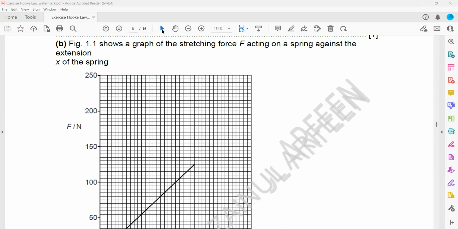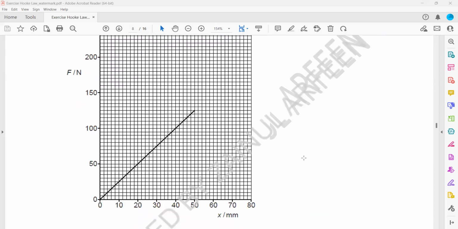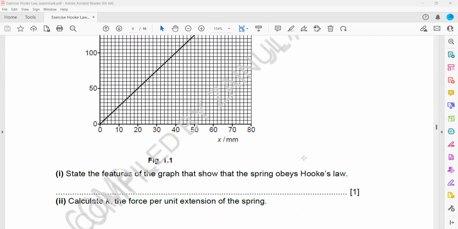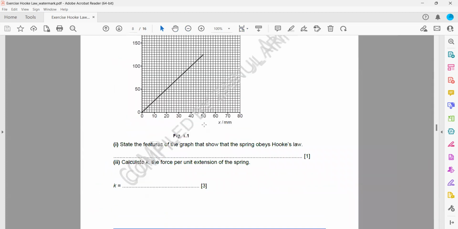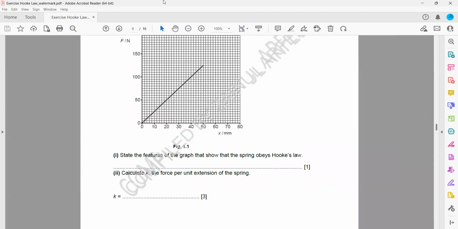Figure 1.1 shows a graph for a stretching force acting on the spring. State the feature of the graph that shows it is obeying Hooke's law. Like from the graph, how can we say it is obeying Hooke's law? Number one, it is a straight line with a constant gradient, or a straight line passing through the origin.